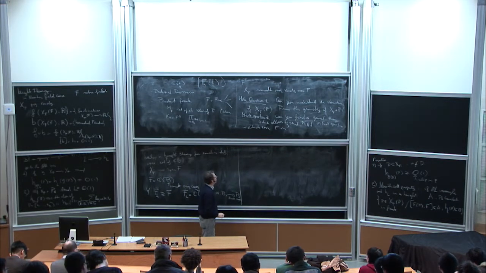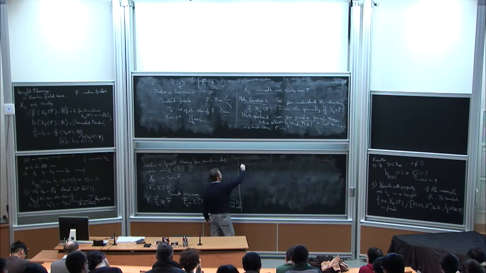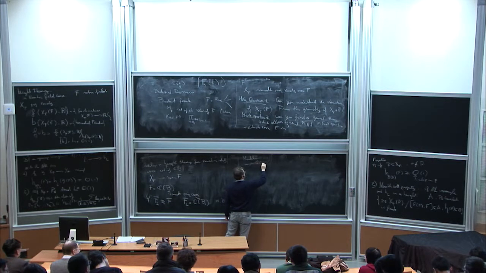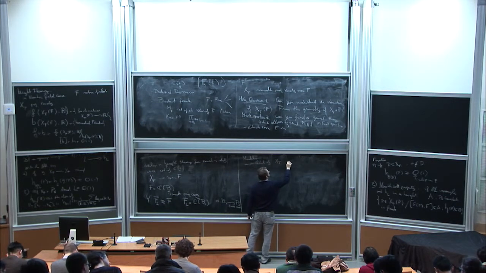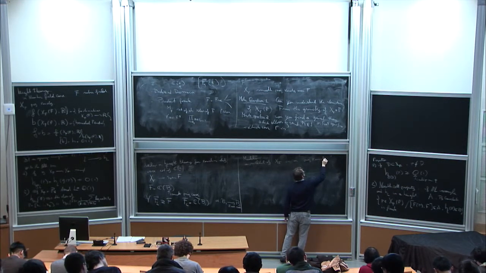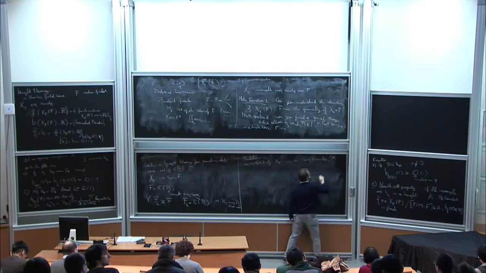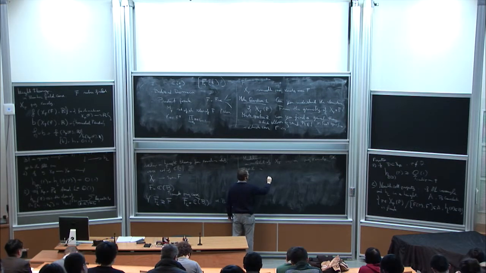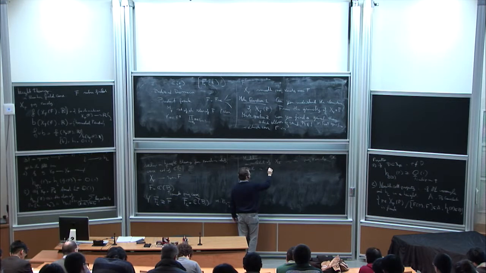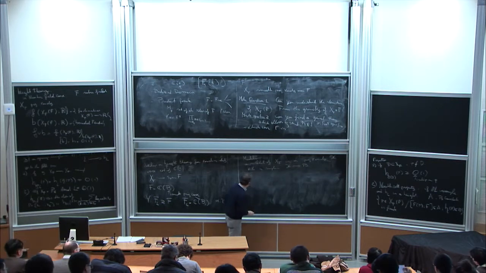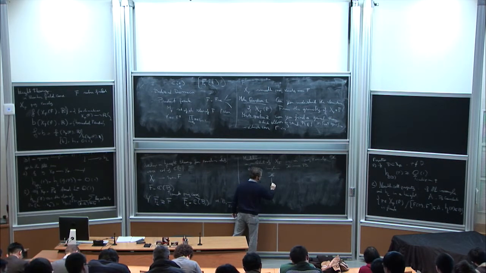And now I will introduce the concept of models. So a model of X_F is a projective variety X with a morphism X over B, for which the following diagram is Cartesian, sorry.